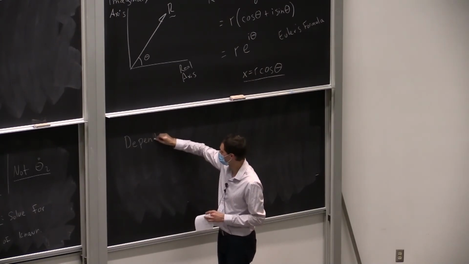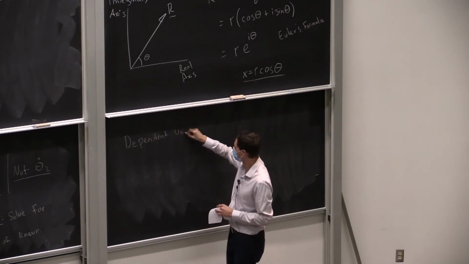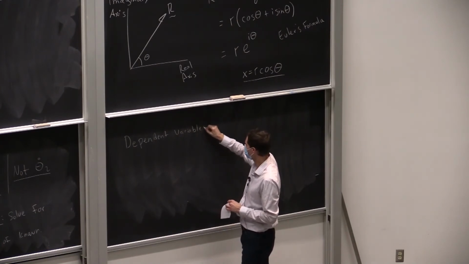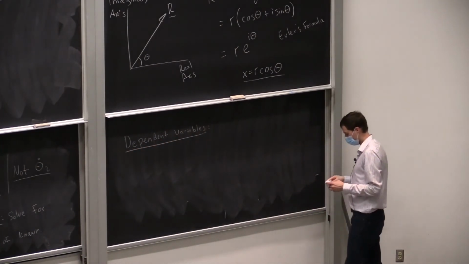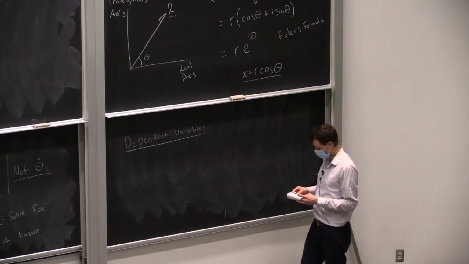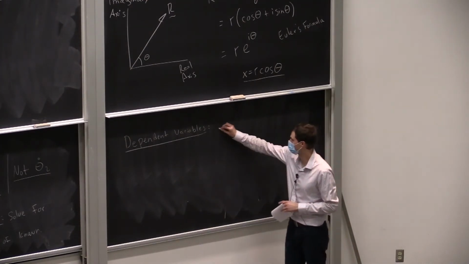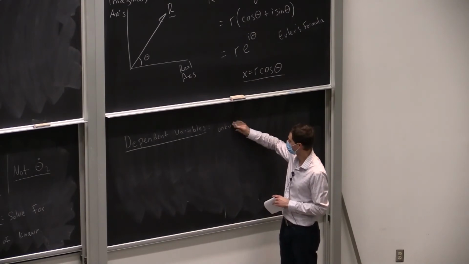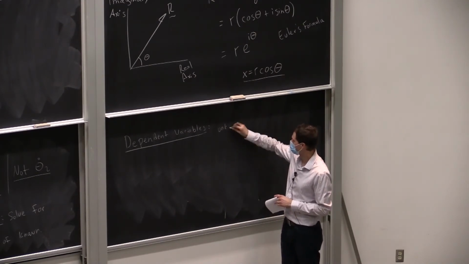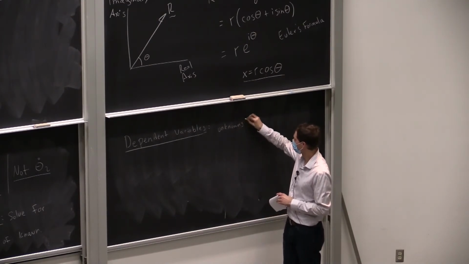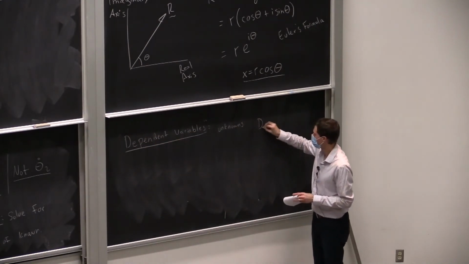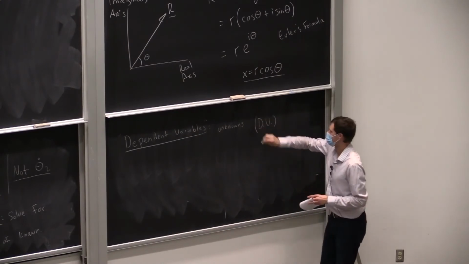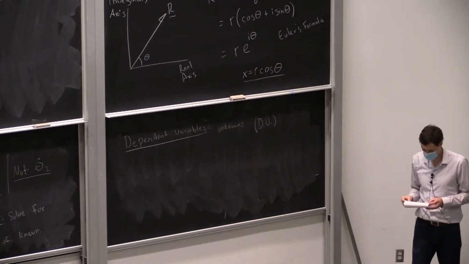Dependent variables are going to be your unknowns. Dependent variables is the term that we're going to use, and we'll often call them DV for dependent variables.